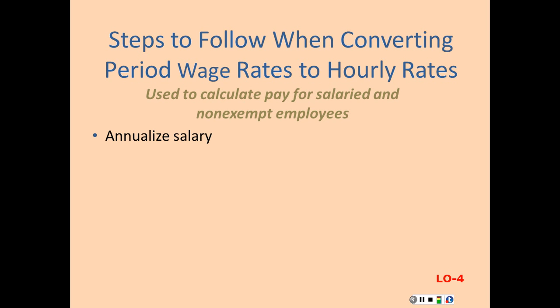Okay, this is number 1 always. We've got to push up whatever we're given to an annual salary. And the reason we have to do this is because our goal is to break it back down to a weekly salary.